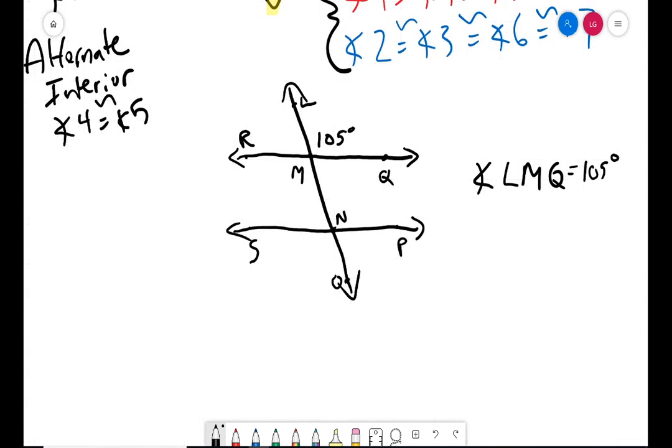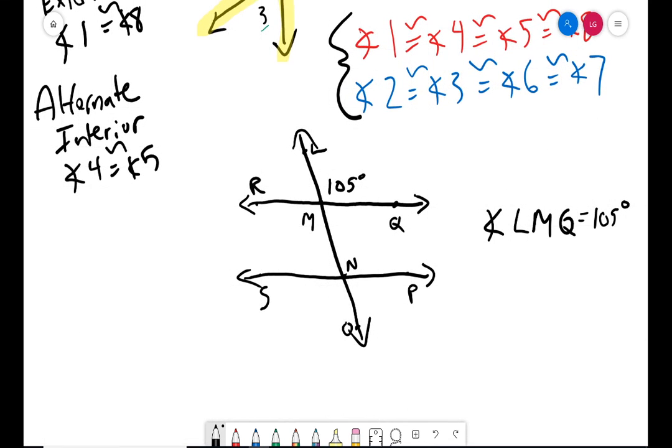They hold. Now in this specific case, LMQ is 105. What does that mean? We're trying to find all 8 of our angles here. Well, for different reasons, that means angle LNP is 105.